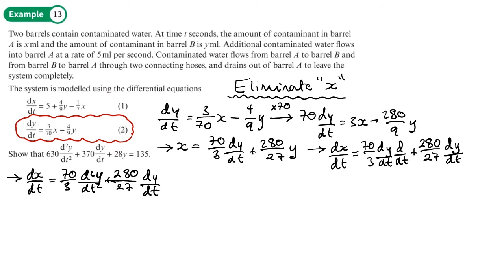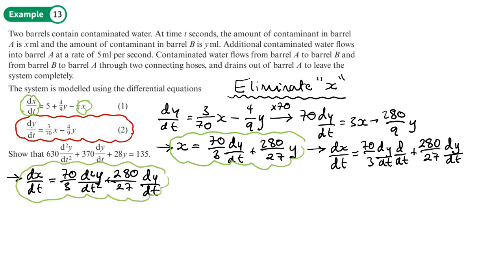So now I can eliminate my x and my dx/dt using these. There's my x, here's my dx/dt, so the rest is just algebraic really.